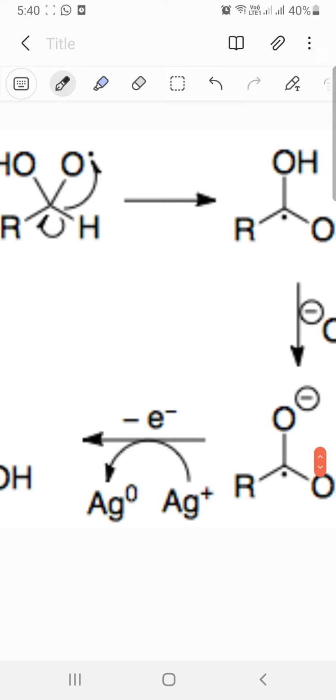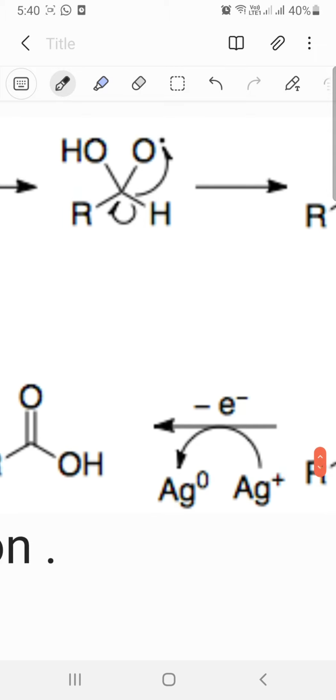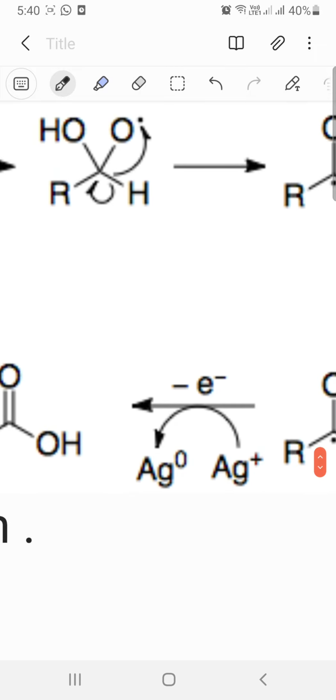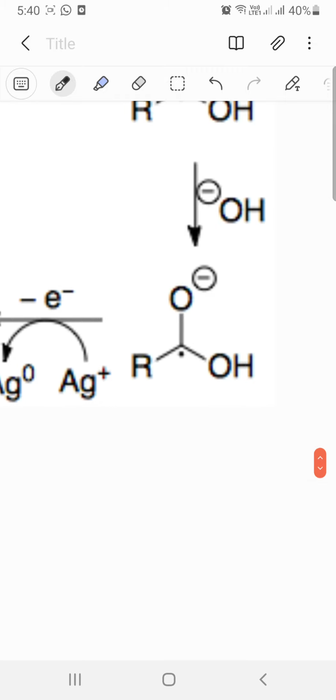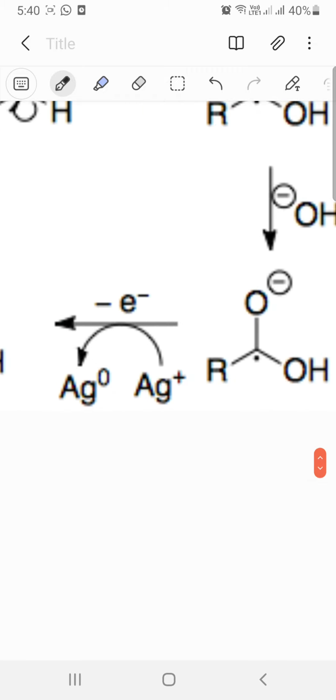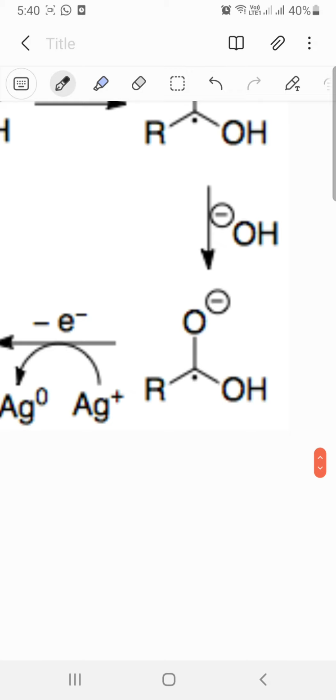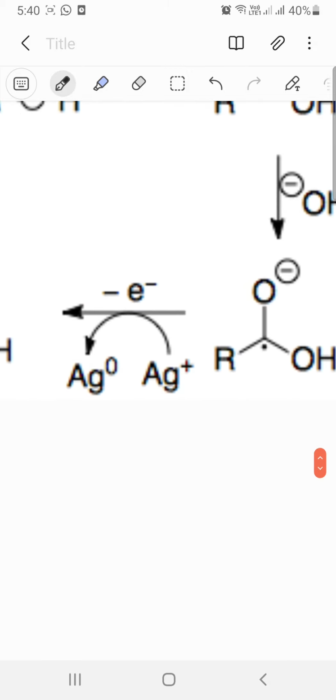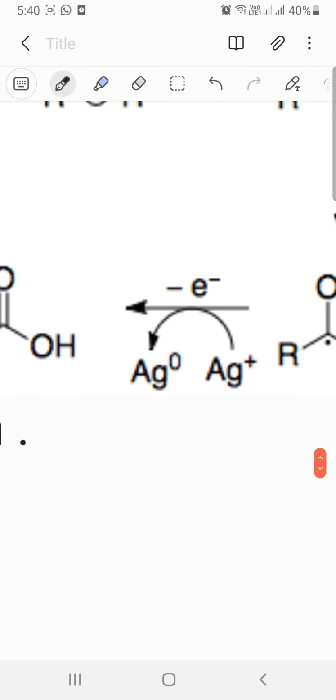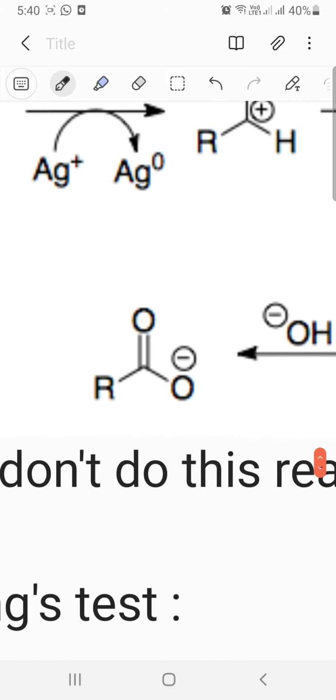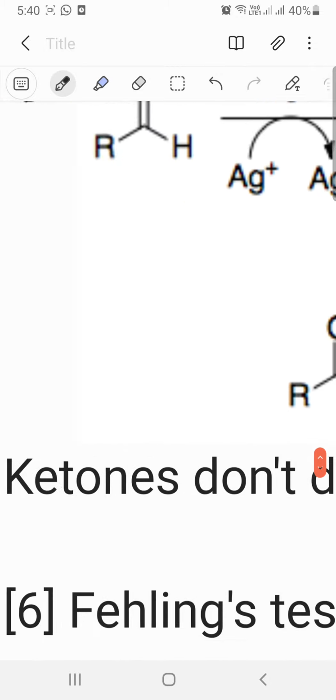And then a loss of the electron gives us this thing. So it's a single electron. Once again, I just imagine it as Ag plus getting coordinated to O minus and then the bond breaking homolytically, so giving a radical on the oxygen, and that combines with the carbon radical. Okay, and then treated with OH minus gives this thing.